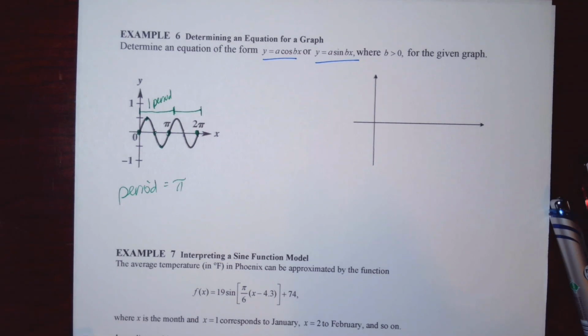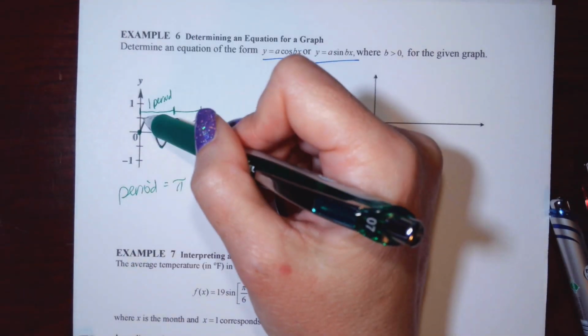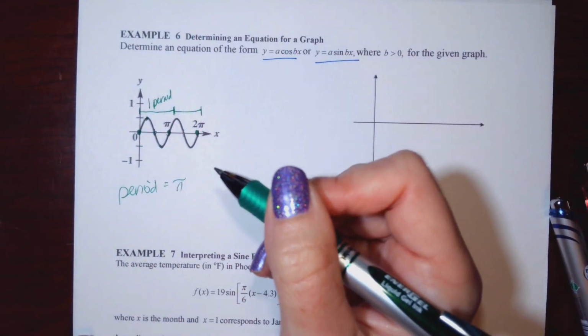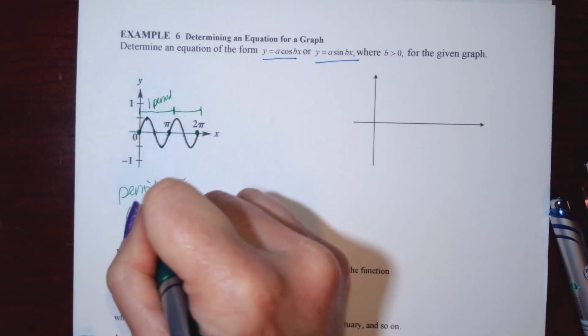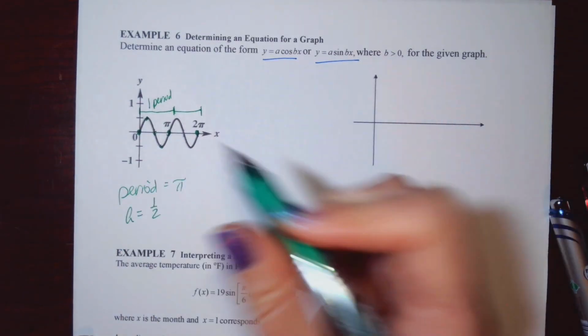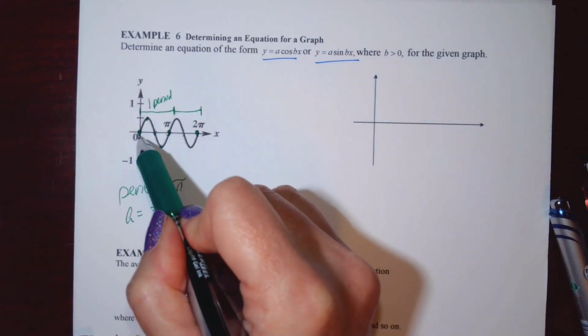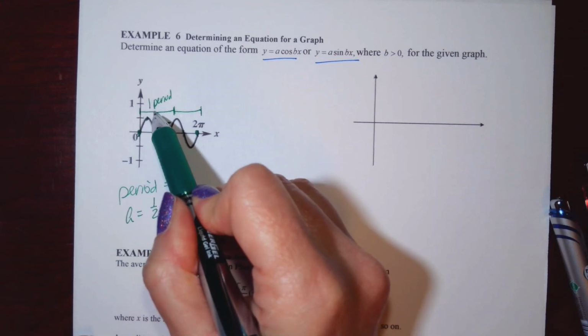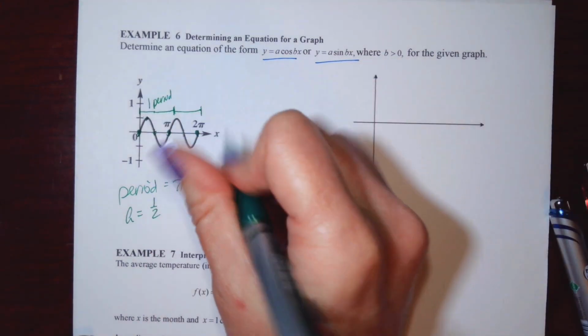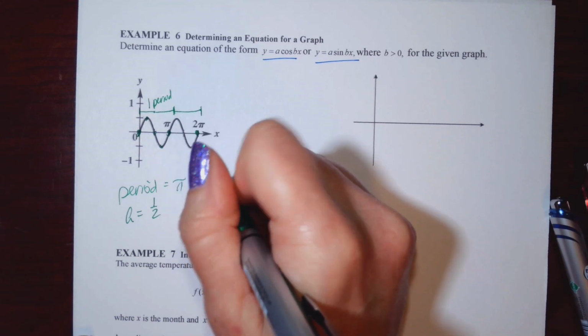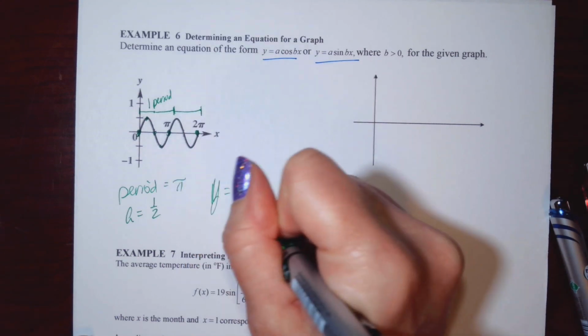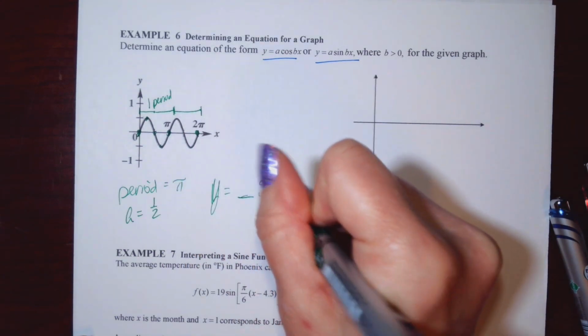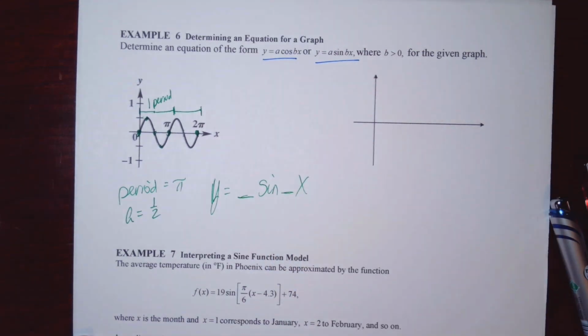What about my amplitude? Well, my amplitude is just going up and down to 1/2, so A is going to be 1/2. I'm starting at center, and it's going up, so it looks like positive sine. So let's say my function is going to be A sine bx.